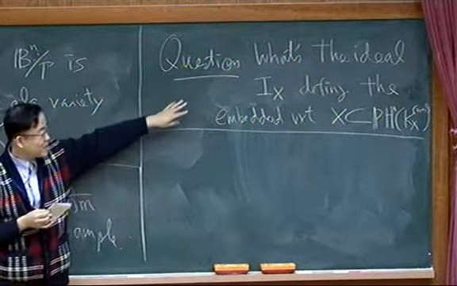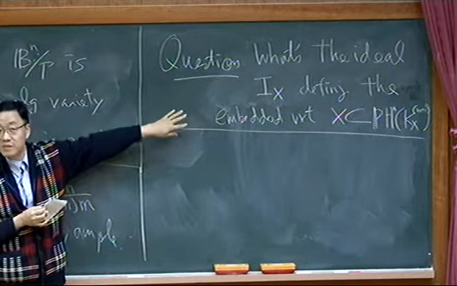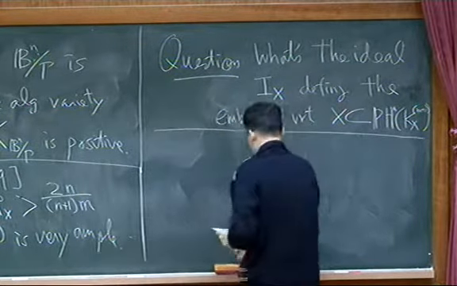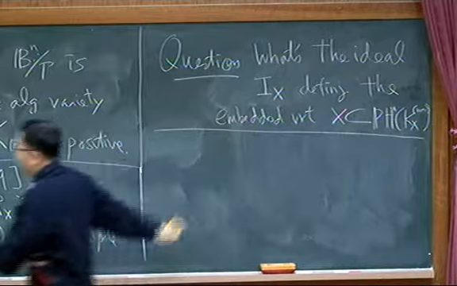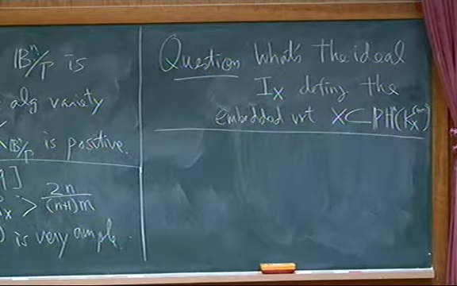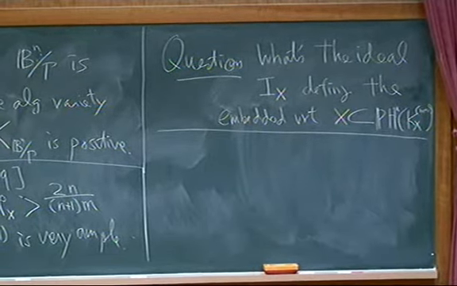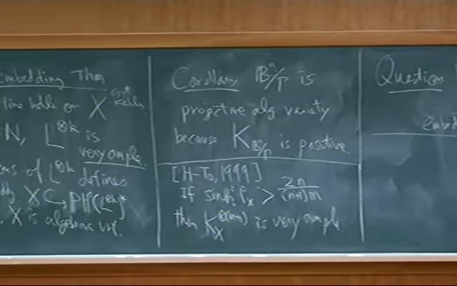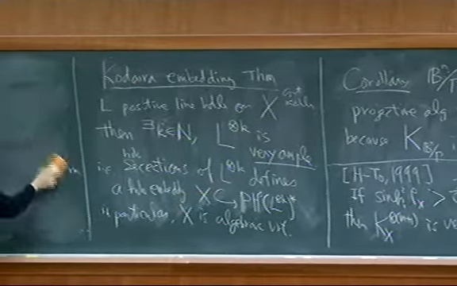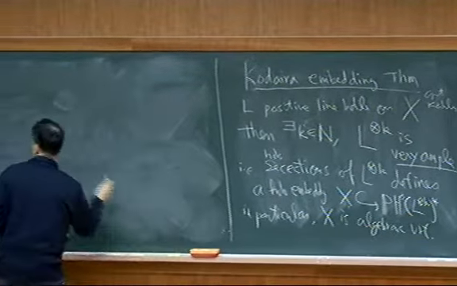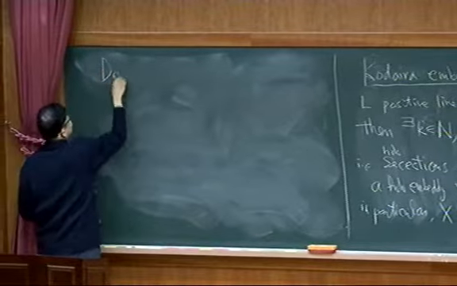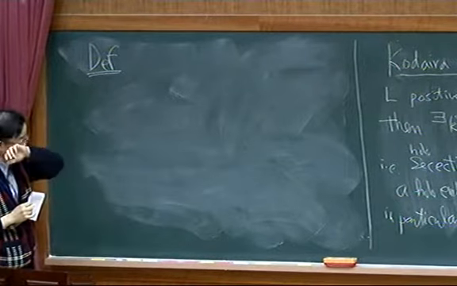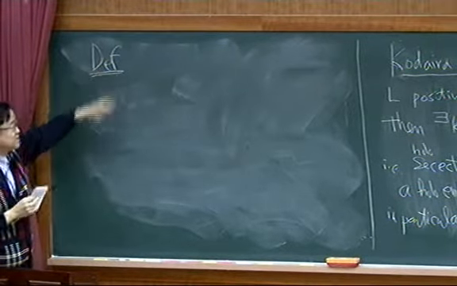And such aspects are sometimes more important than the explicit equations themselves. So let me define certain notions related to this defining equation, which are important. This is rather standard for algebraic geometers, but perhaps not for complex or symplectic geometers. So let me recall this definition.